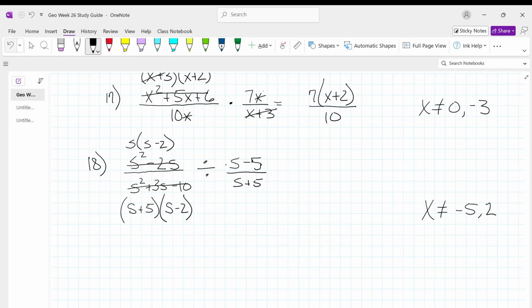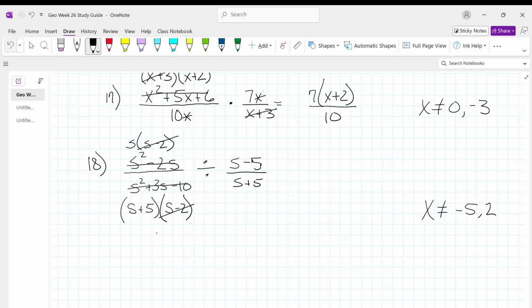So now remember, dividing is the same as multiplying and flipping this second fraction. Even before that, let's cancel this s minus 2 over this s minus 2. We don't cross cancel until we multiply, but we can cancel vertically before then.